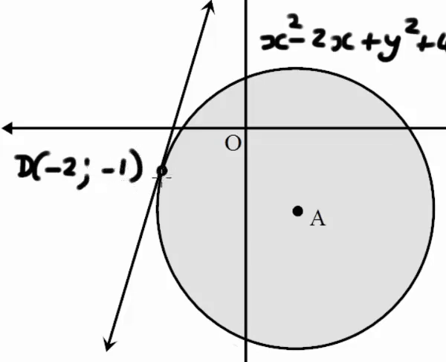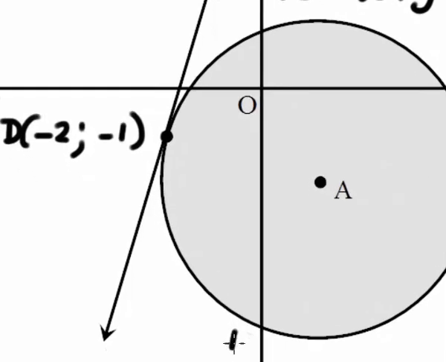That's the point D there. O, of course, is the origin. A is the center of the circle. And the circle cuts the y-axis at the points B and C, there and there.